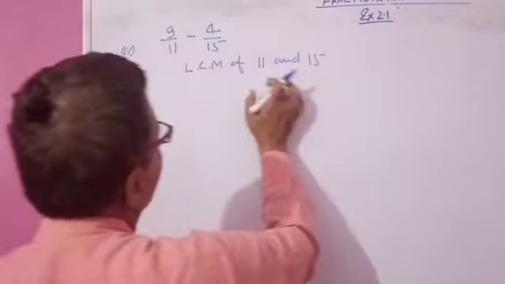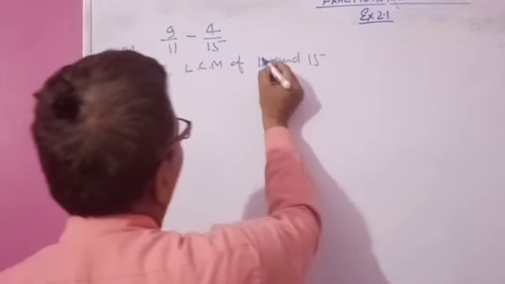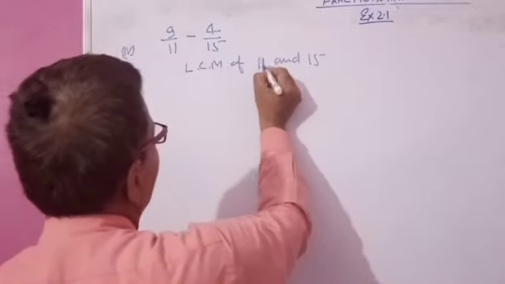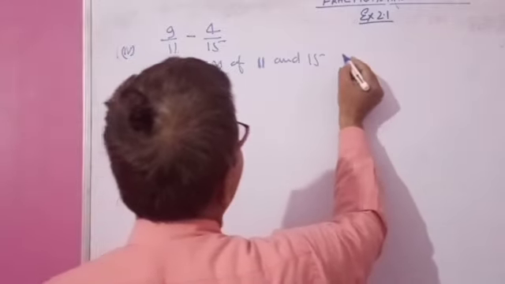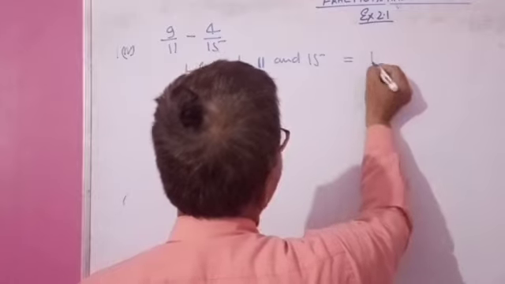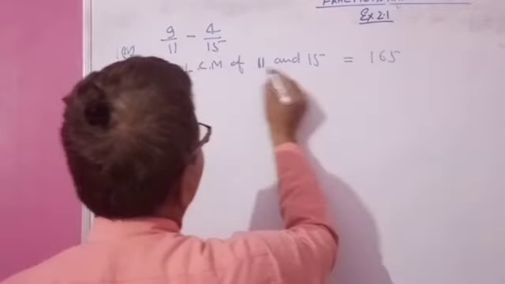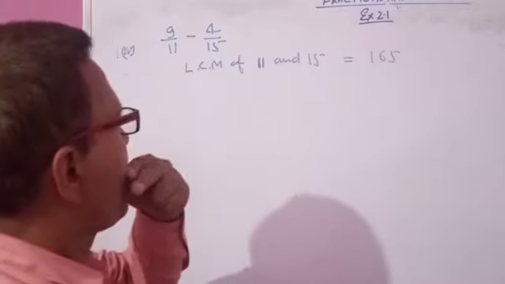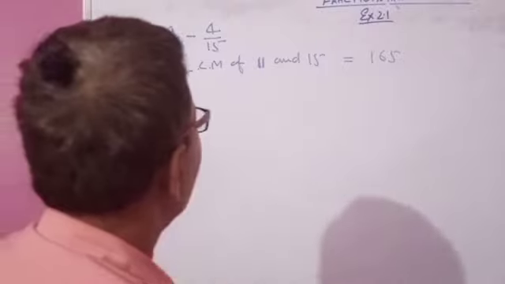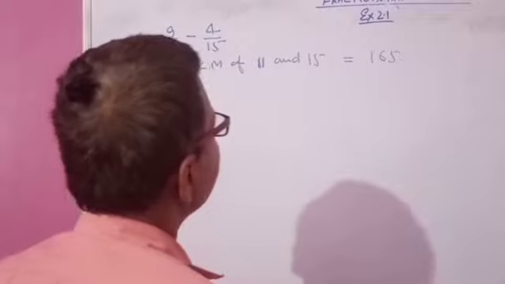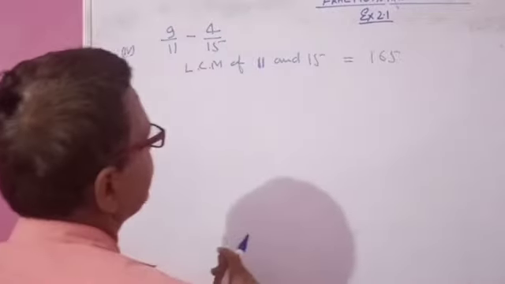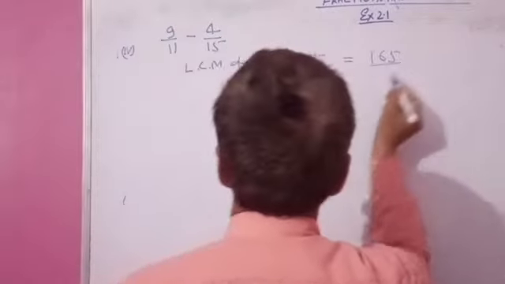These are co-prime, so the LCM will be the multiplication of 15 and 11. That is 165. 165 is the LCM.